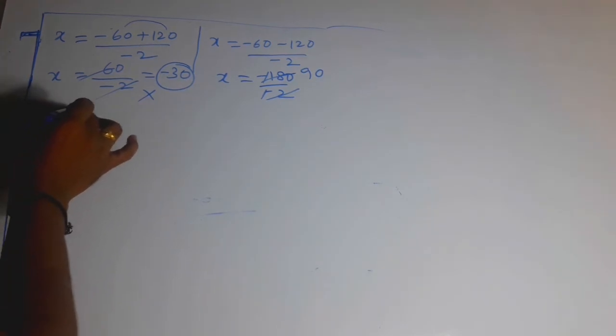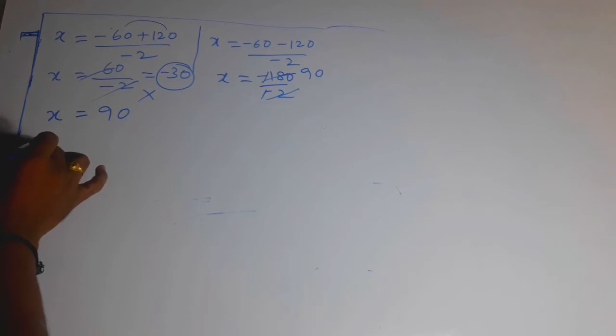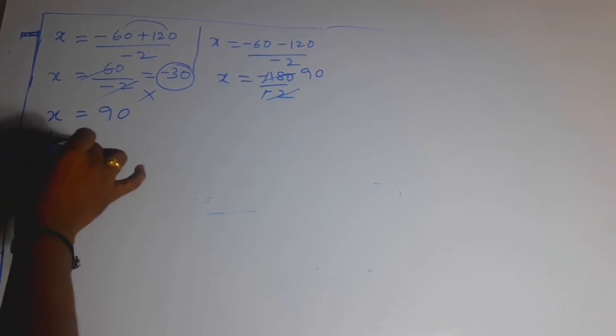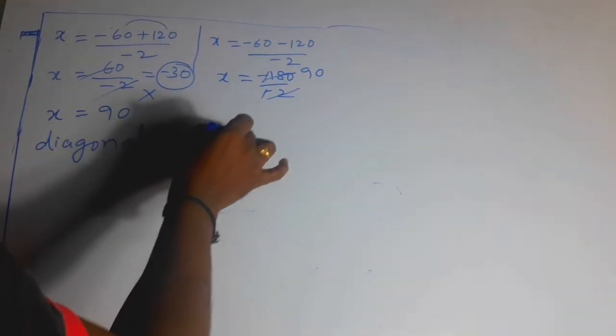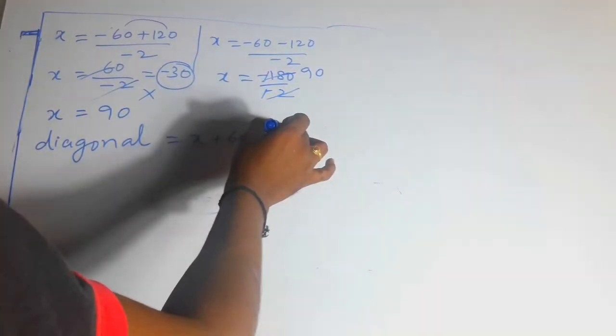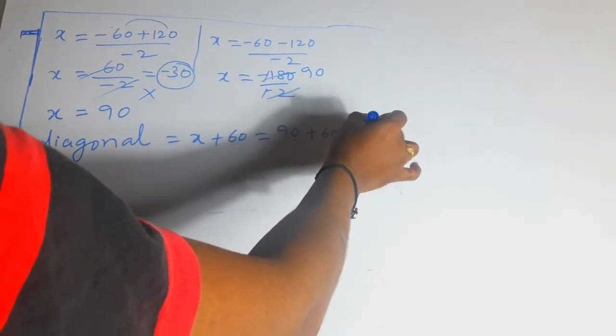Therefore the length of the shorter side is 90. The length of the diagonal is x plus 60, that is 90 plus 60, which is 150.